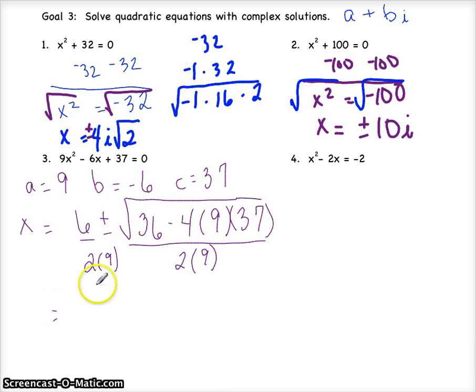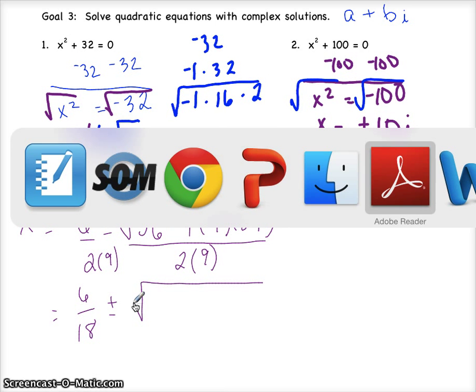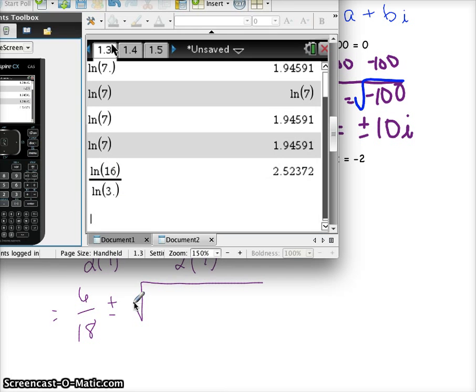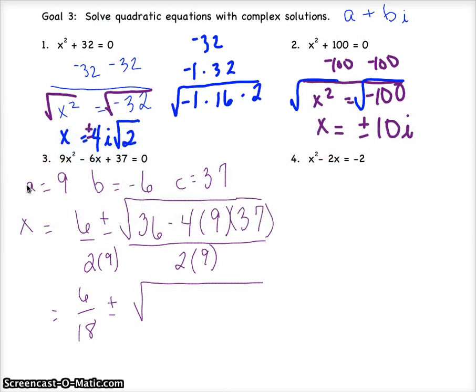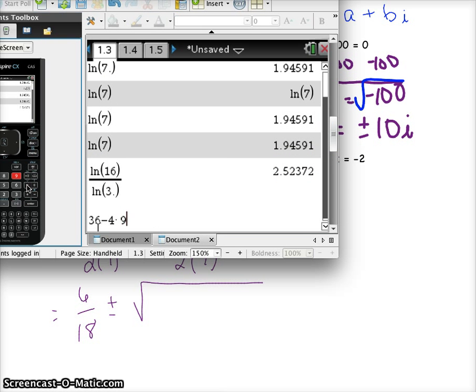So let's see what we have. 6 divided by 18 plus or minus the square root of... Okay, I definitely cannot do that in my head. Let's see what that is. So 36 minus 4 times 9 times 37.